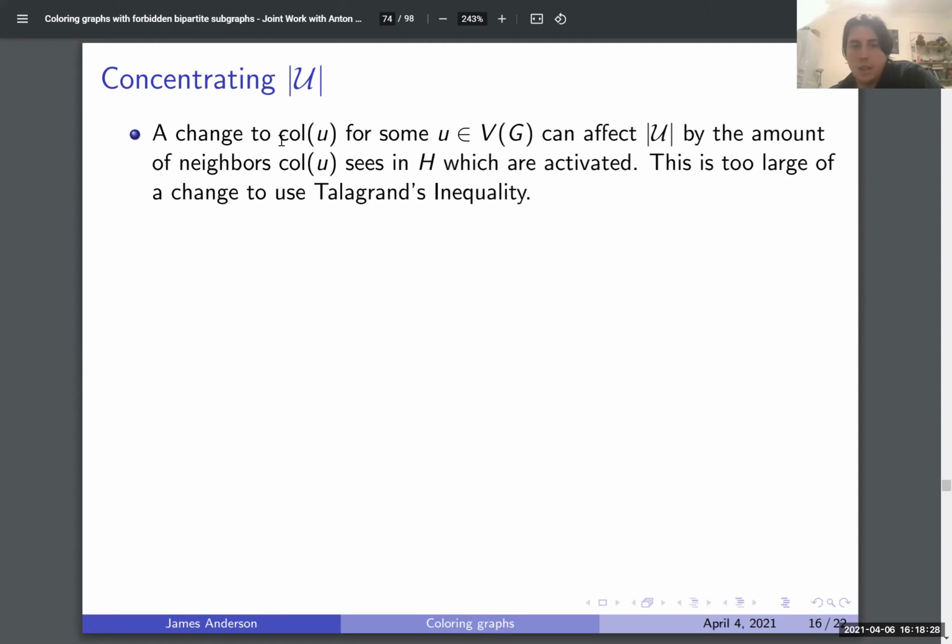In fact, we look at all the colors that this assigned color in H sees, which are activated. Changing this color, we could make it conflict with many more activated colors, and that will affect the size of U. So one small change can affect the size of U by quite a bit, and this is why we can't use Talagrand's inequality.